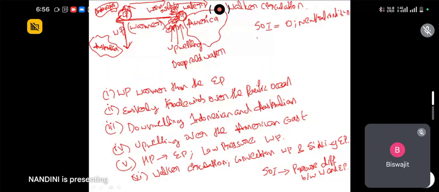And if it is positive, then we have intensification of Walker circulation, which is known as La Nina. And if the Southern Oscillation Index is negative, we have what is known as El Nino.